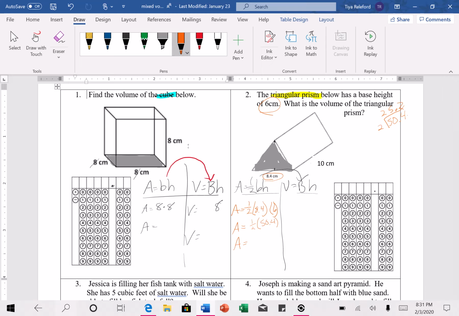That is 25.2. That goes in for capital B. Careful with your decimal on this one.